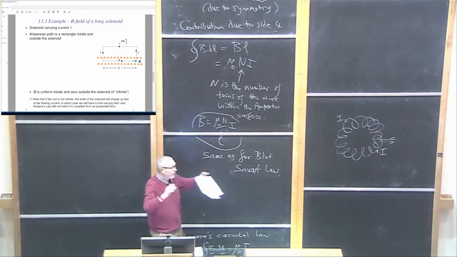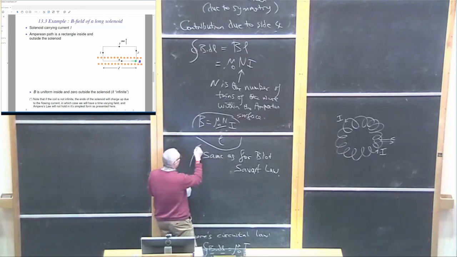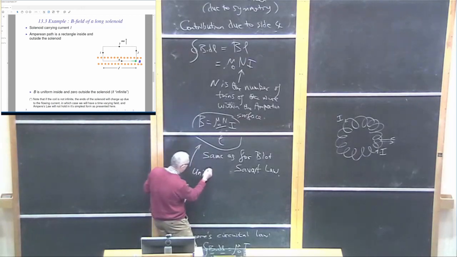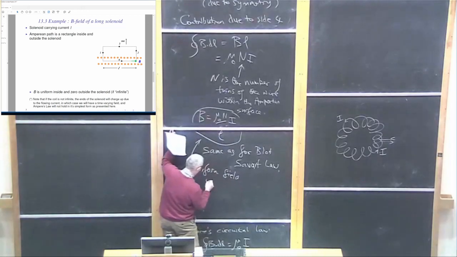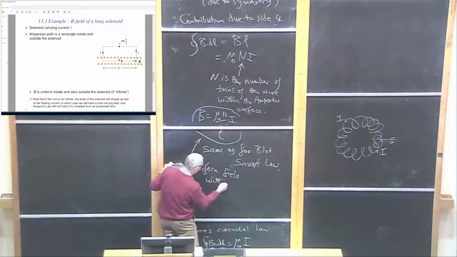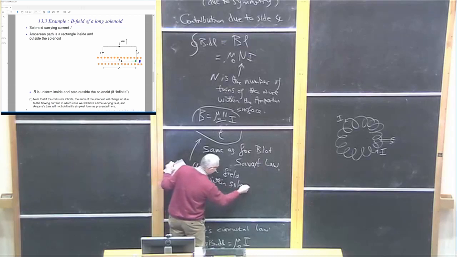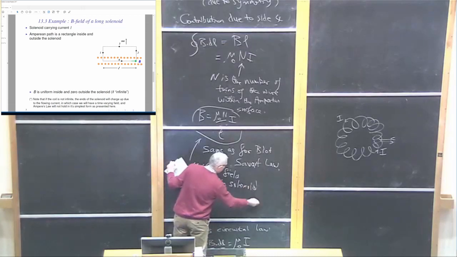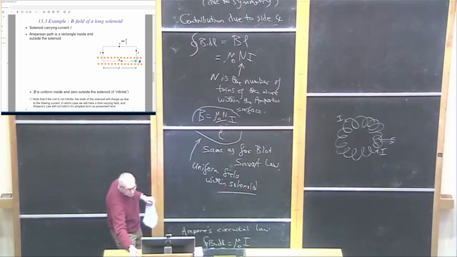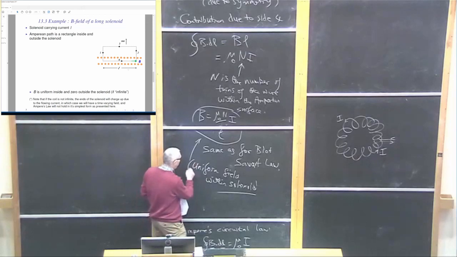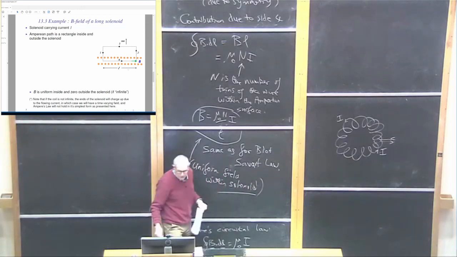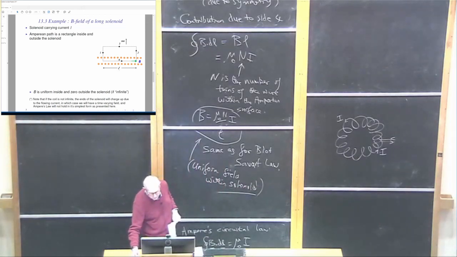It's a uniform field within the solenoid. I should have written that. And that just comes out from the fact I could have taken the path here or there, and I get the same result. So uniform field within the solenoid. Good.